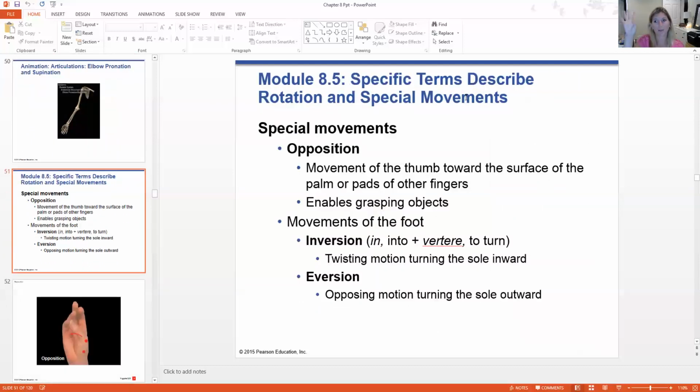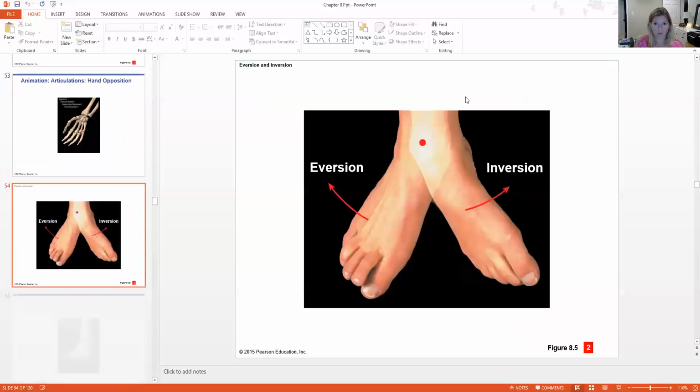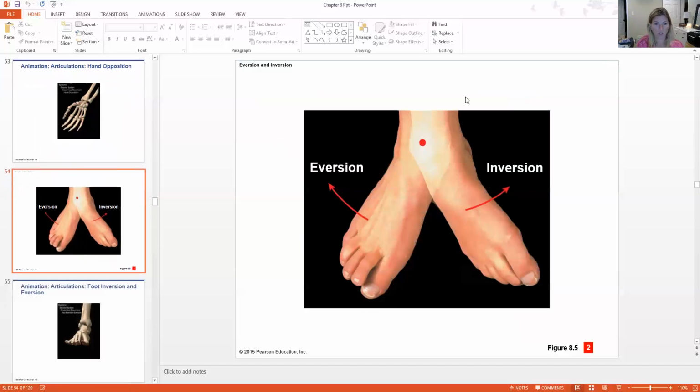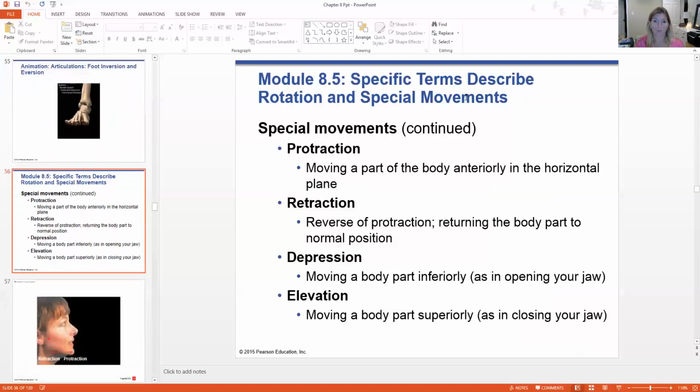Other special movements. Opposition is when you move your thumb into the palm of your hand. Eversion, inversion is just referring to your foot, either moving your foot inward or outward. Opposition, inversion, eversion. Video that's not linked. Protraction and retraction.